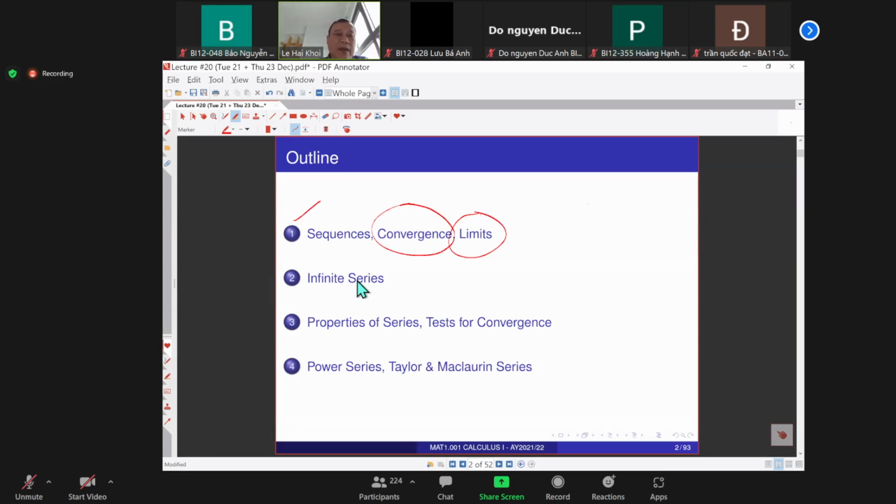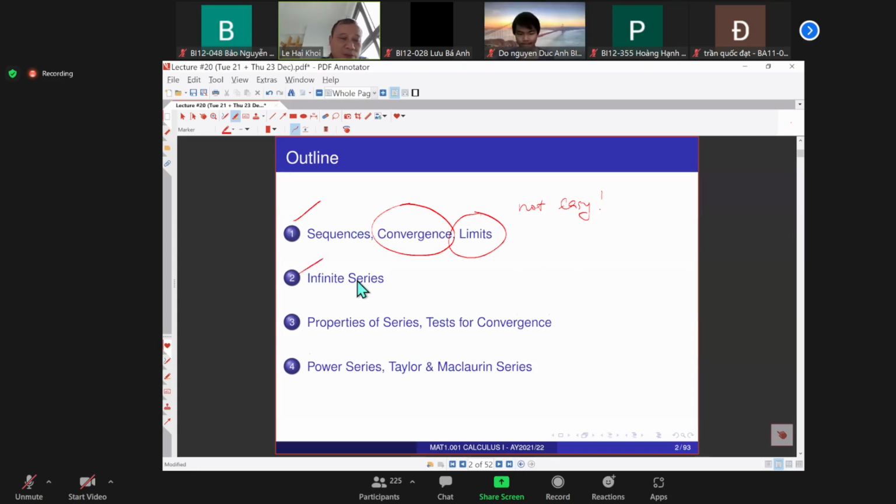Okay? And after that, we apply the properties of sequences to investigate the infinite series. And for infinite series, you also have convergence and different properties. Especially, you have several tests for convergence.